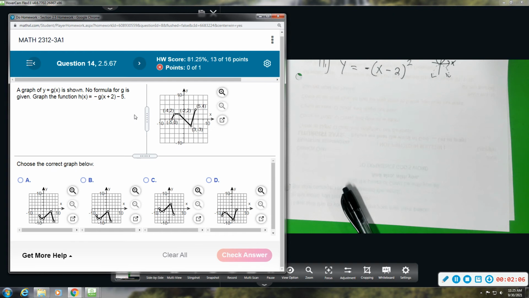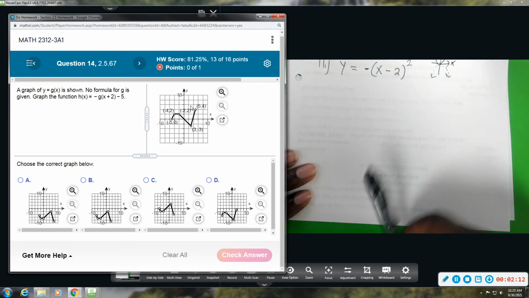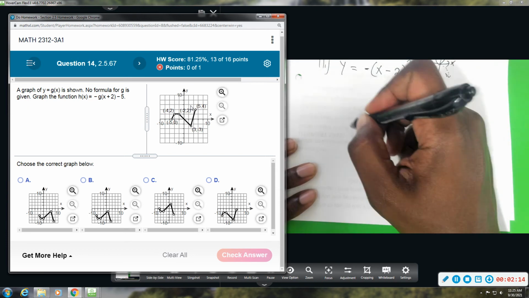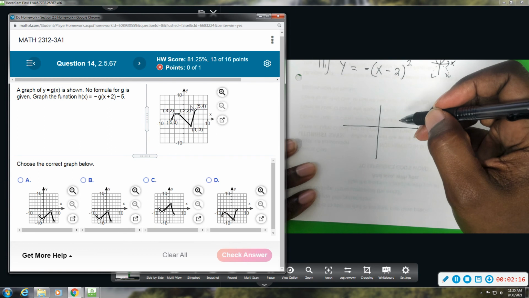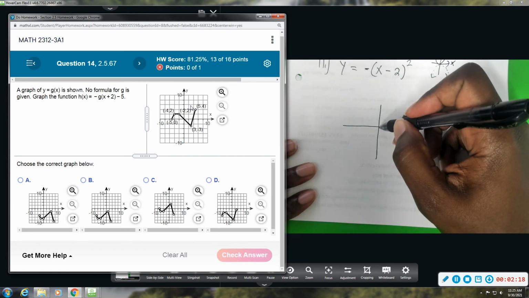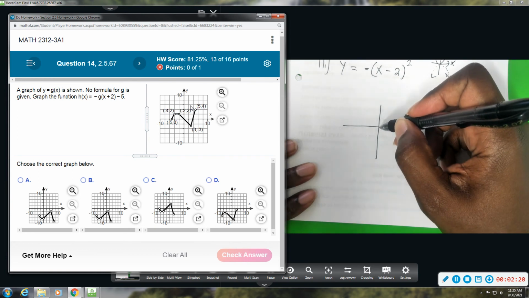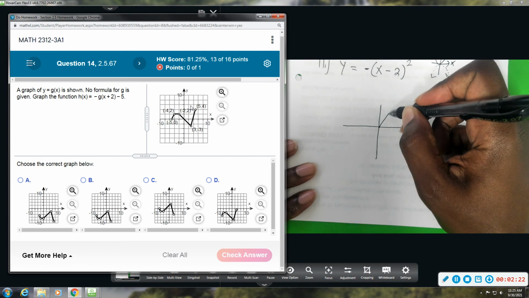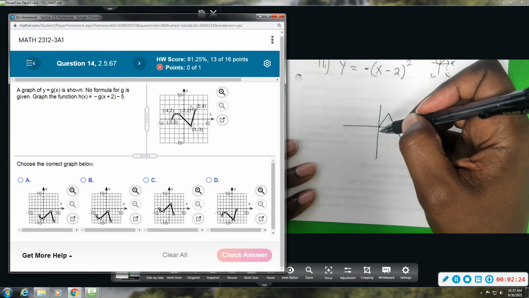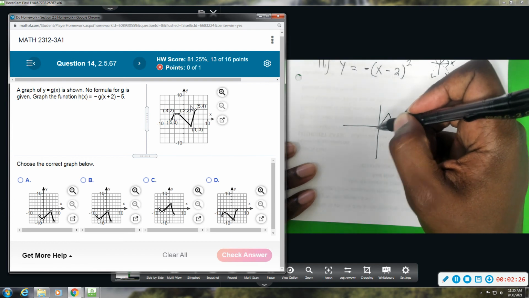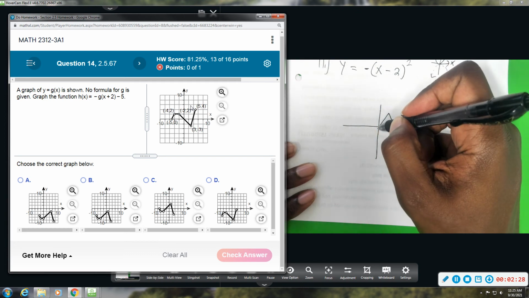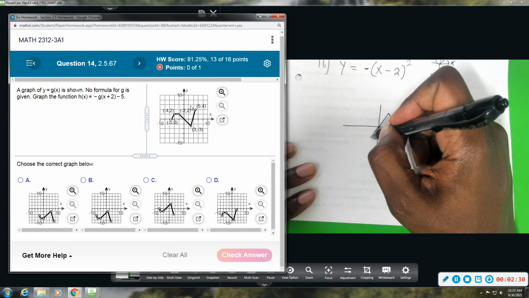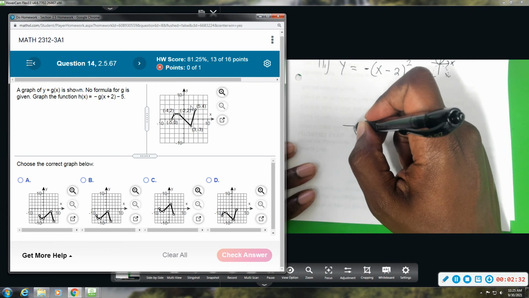So if I want to flip this, like this point will be up. Let me just do a flip. I'm going to do a rough sketch. So here's a rough sketch of the graph. So instead of that point going down, it's going to go up and then down like so, and then it was up and coming down here, so it's going to be coming down over and ending here.